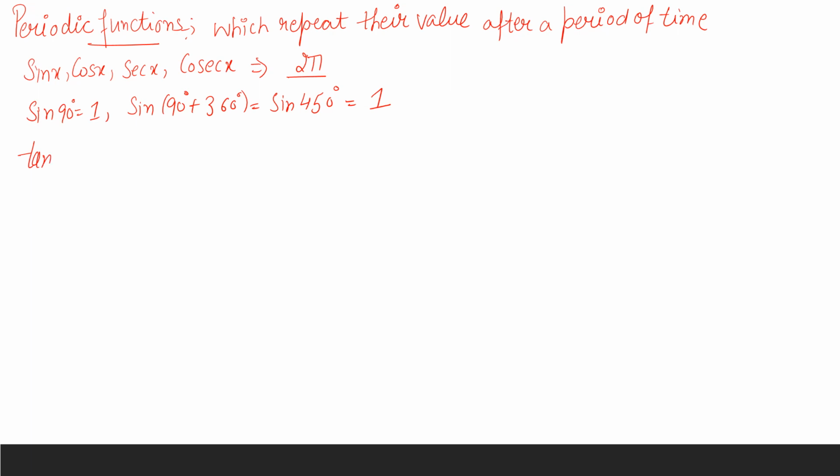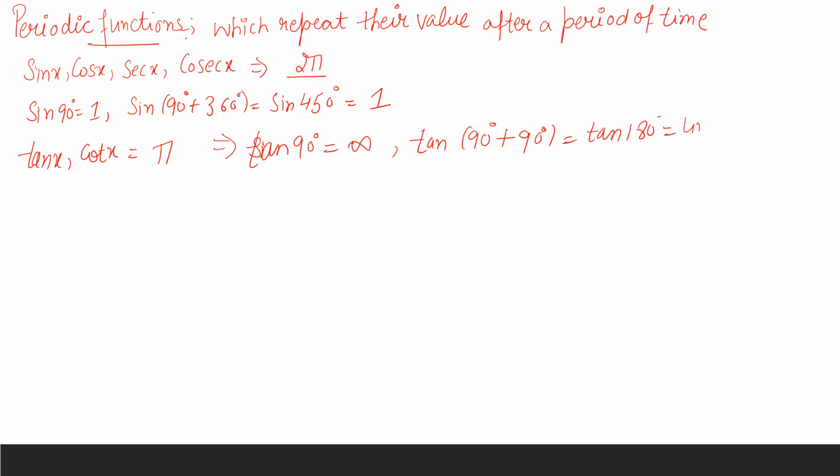The period of tan x and cot x is pi. For example, tan 90 degrees is equal to infinity, or you can say undefined. Then tan 90 degrees plus 90 degrees, tan 180 degrees, is also undefined or infinity.